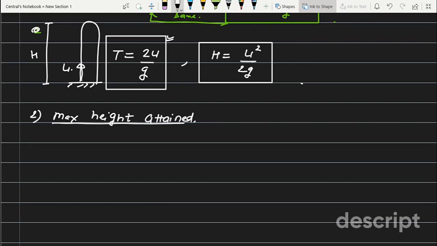Sir, it must be u square by 2g. Absolutely right, it is uy square by 2g.